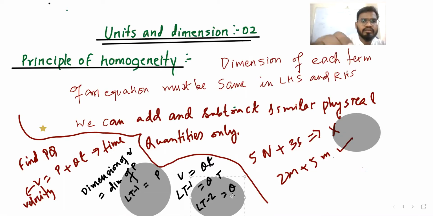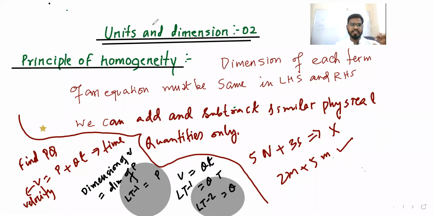That is going to be the answer of this. Hope you got it. What I did: the velocity dimension should be equal to P, and the velocity dimension should be equal to QT. Velocity is LT minus 1. Finished.